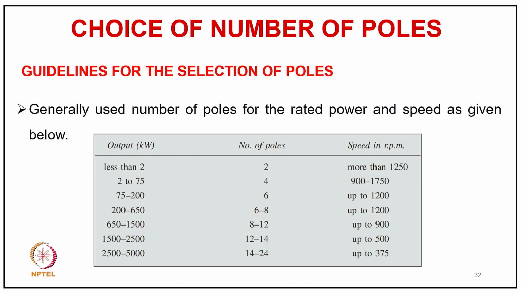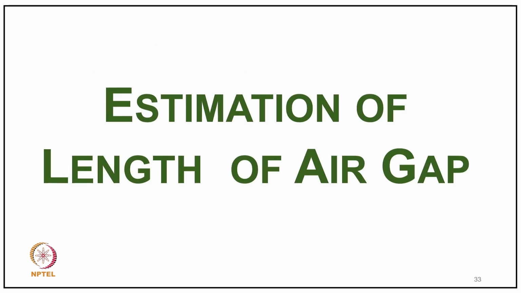Now, the generally used number of poles for a given rated power and speed is given here in the table. If you have less than 2 kilowatt, normally we have 2 poles and speed more than 12,000 RPM, and if we have a machine of typically 5 megawatt or 5000 horsepower, the number of poles is 40 to 24, and we can go typically to a speed of 375 RPM.